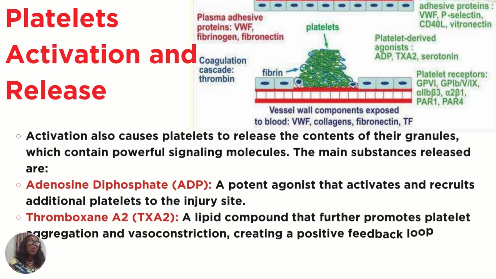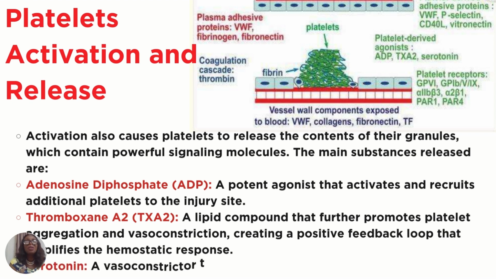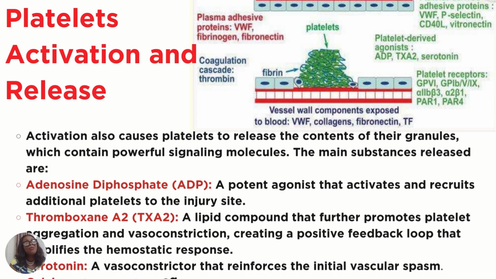Activation of platelets causes release of the contents of their granules, and these granules contain powerful signaling molecules. Number one is adenosine diphosphate, a potent agonist that activates and recruits additional platelets to the site of injury.